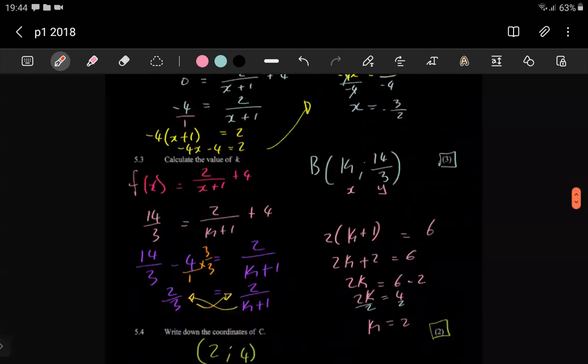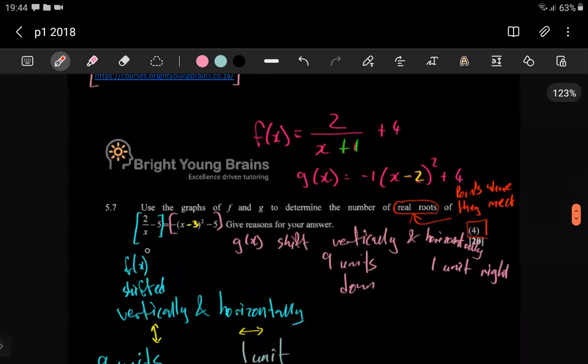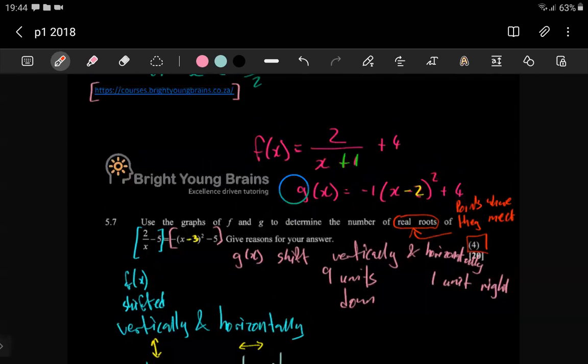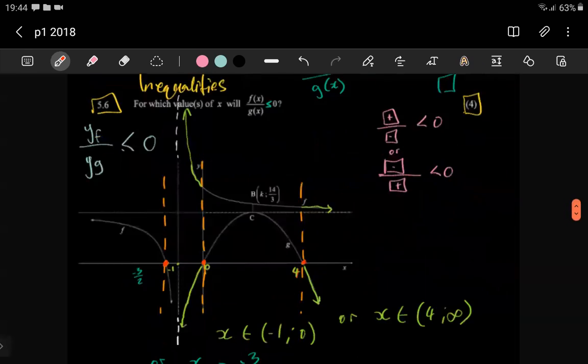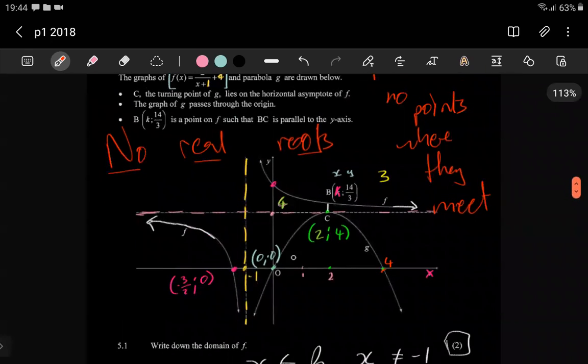So it makes it easier now when you're looking at the equation here, because this equation is telling you that these two graphs were both moved the exact same way. So this is asking where will they meet each other. Logically speaking, if they both move exactly the same way, if they are both moved 9 units down and 1 unit to the right, hypothetically they'll still never meet anyway.